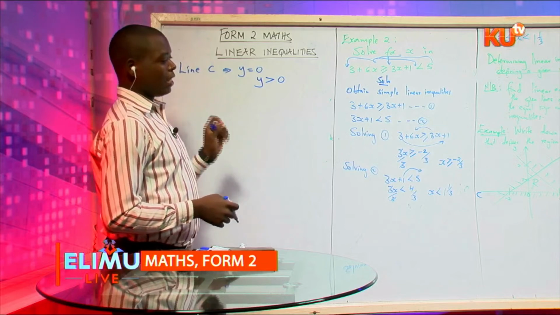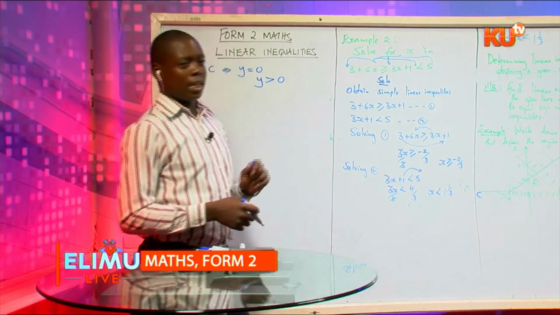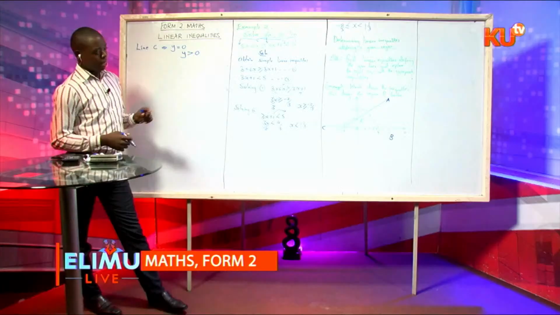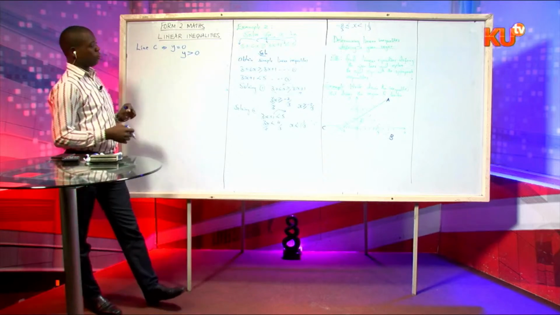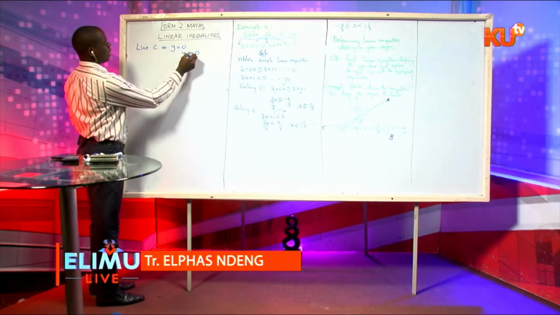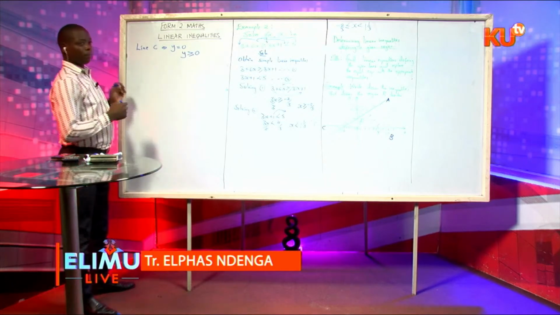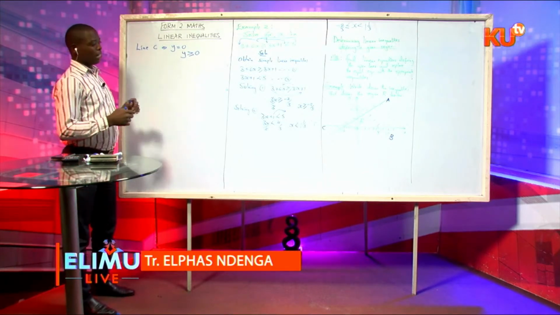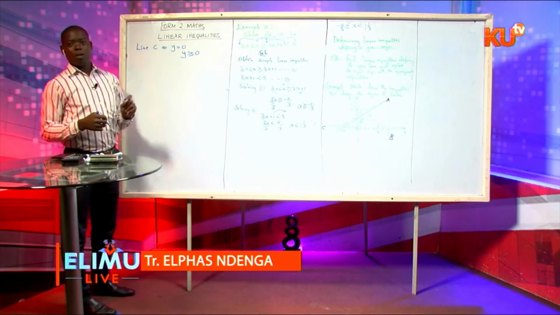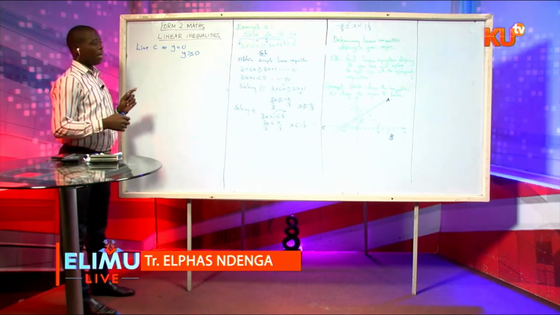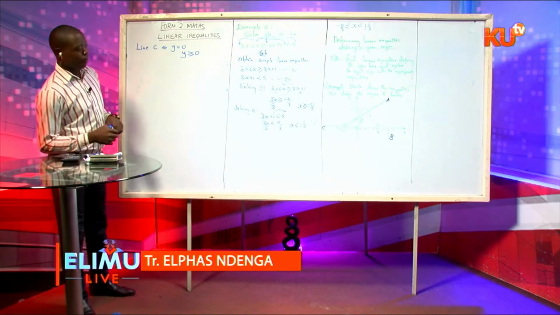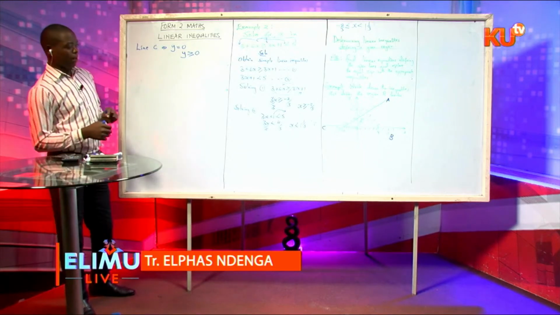Number 2, is the line continuous or dotted? The line is continuous. So if it is continuous, then we have greater than or equal to. Had it been a dotted line, then the equal to will not be there. It will strictly be greater than 0. That is done for line C.